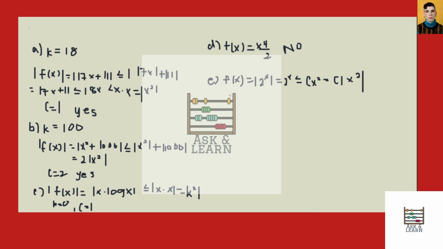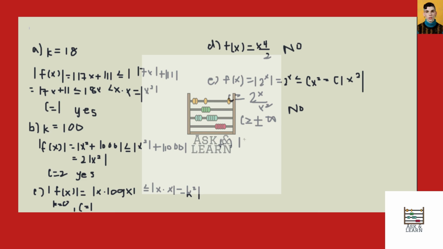So when we solve this, we get c is bigger than or equal to 2 to the x over x squared. And we're going to determine the limit for increasing values of x, and we get c is bigger than or equal to infinity. So we see that this is not O of x squared.